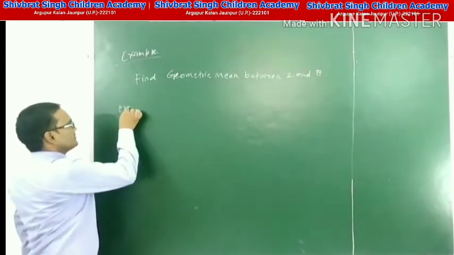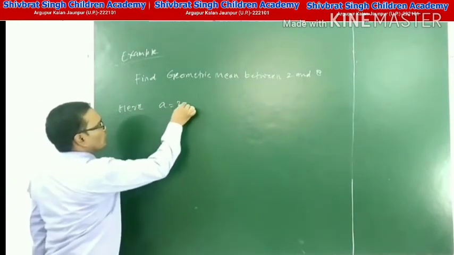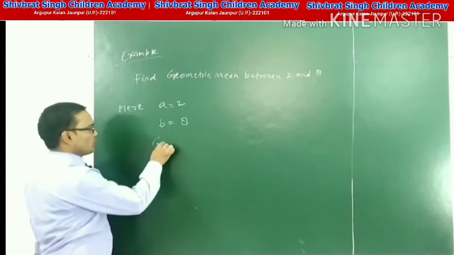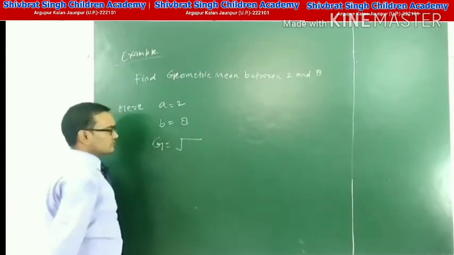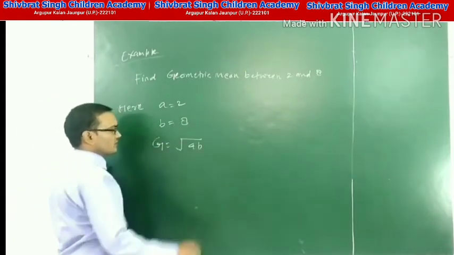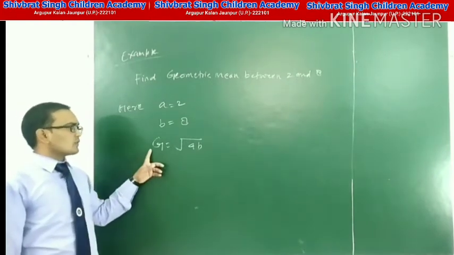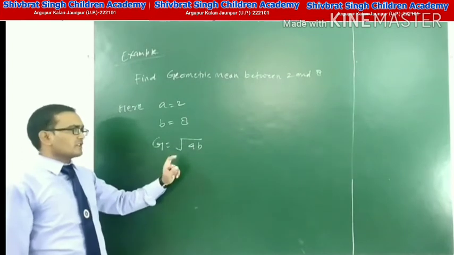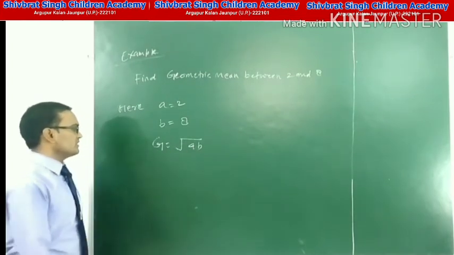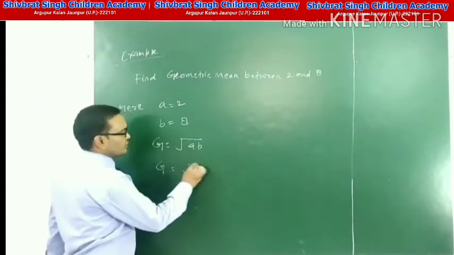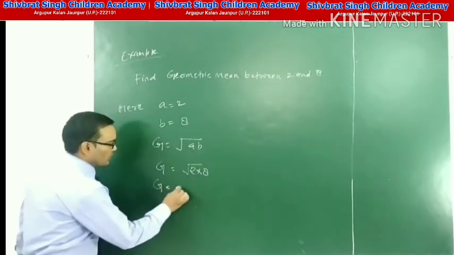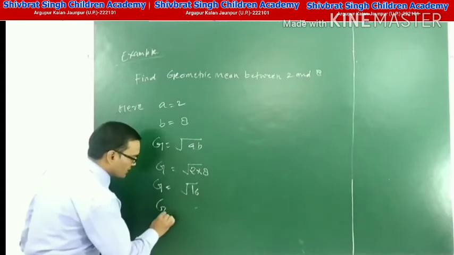Here a equal to 2 and b equal to 8 and G equal to square root of ab. We know that G equal to square root of ab. That means the geometric mean of two positive numbers a and b is G. G is square root of 2 multiplied by 8. G equal to square root of 16. G equal to 4.